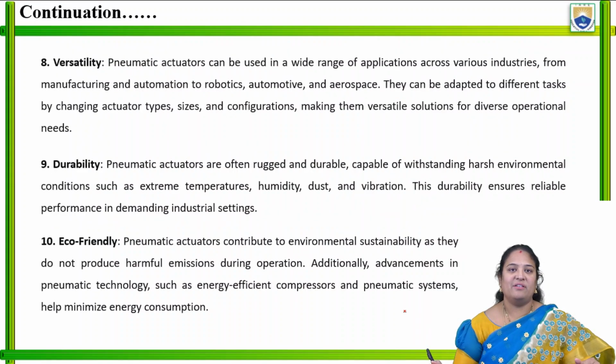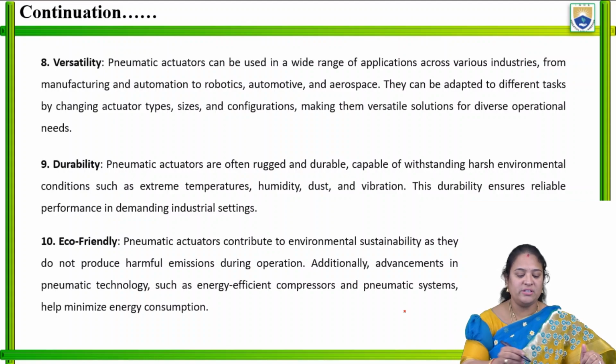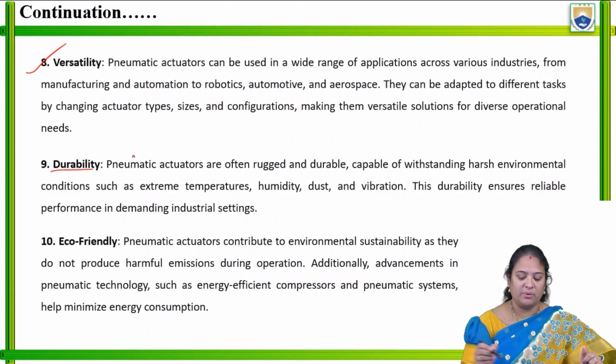The next advantage is versatility. What do we mean by versatility? It has a wide range of applications across various industries. Pneumatic actuators are used in n number of industries. That is the reason it is versatile in nature, and the types, sizes and configurations we use suit different tasks, due to which it comes under the versatile advantage.